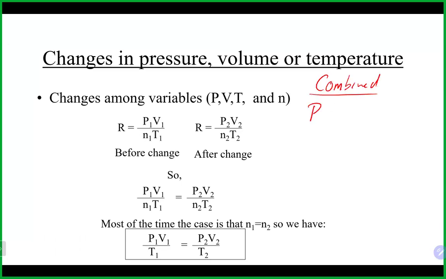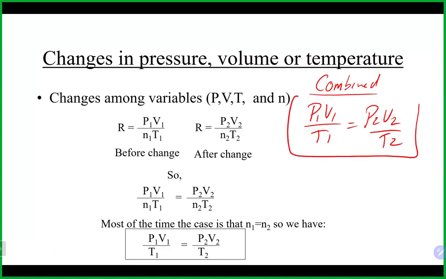The combined gas law is P1V1 over T1 is equal to P2V2 over T2. You could also see it like this, where the moles are there, but in a lot of cases, the moles will remain constant as well. So this one involves changes in any of these three variables.